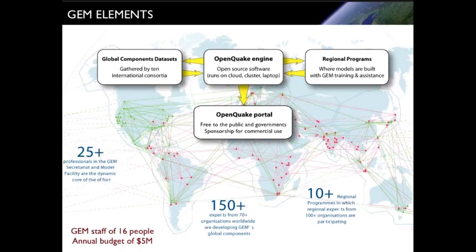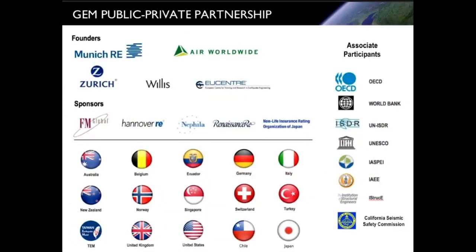Now, one of the very exciting things about GEM is that we're a public-private partnership. GEM is a nonprofit foundation headquartered in Pavia, Italy, launched by the OECD, but we are supported by a constellation of companies and countries with a great deal of involvement by non-governmental organizations on the right. These companies are doing something really courageous, because they are making information available for the public good, and in a competitive world, that takes courage.